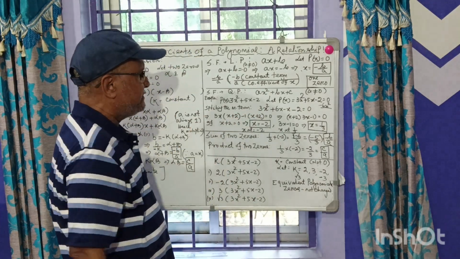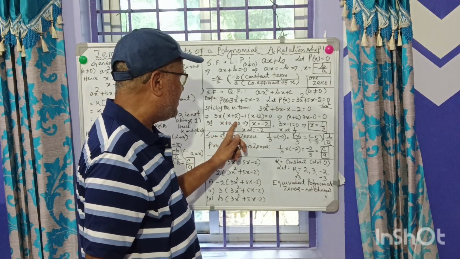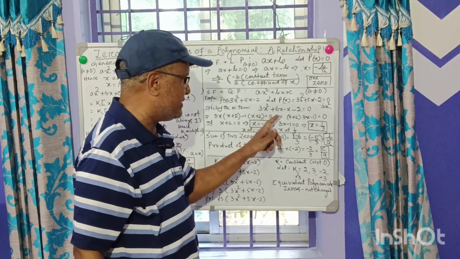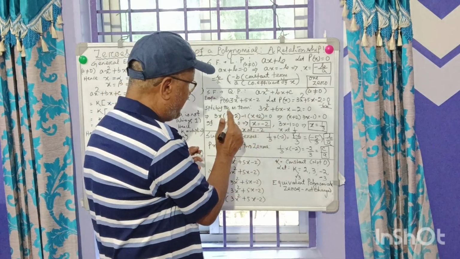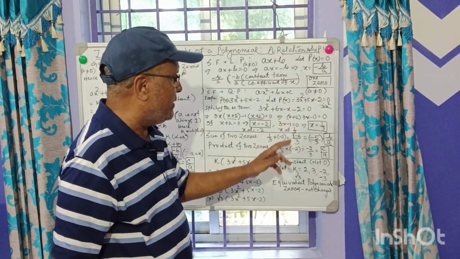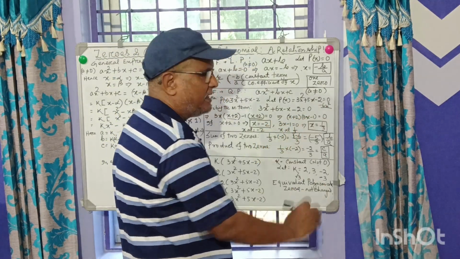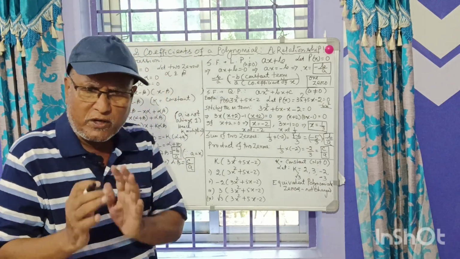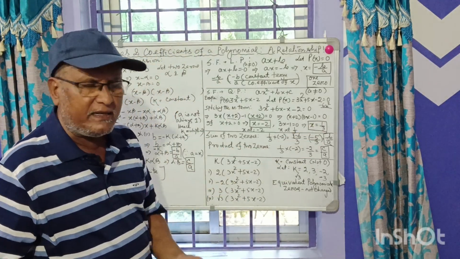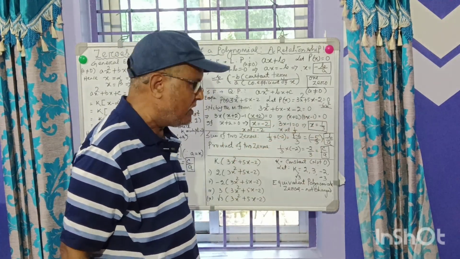So that implies, by taking common 3x, we get 3x into (x plus 2), and taking common minus 1, we get minus (x plus 2) equals 0. And taking common x plus 2, we get (x plus 2) into (3x minus 1) is equal to 0. The product of two expressions is 0, and we can say either this expression is 0 or this expression is 0.